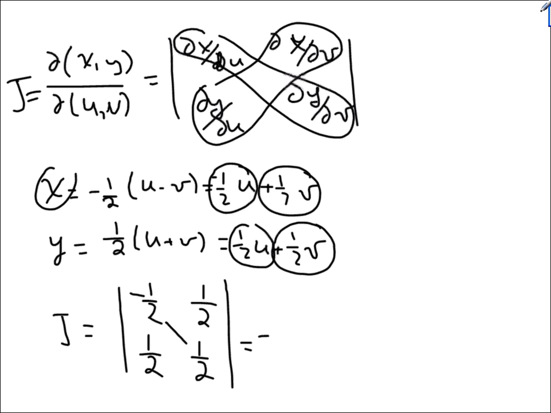You multiply those two numbers, whatever you get, you take away from that what you get when you multiply those two numbers, which is negative a quarter minus a quarter, which is negative a half. Took away 2 quarters, which means you took away a half. And that's the Jacobian.